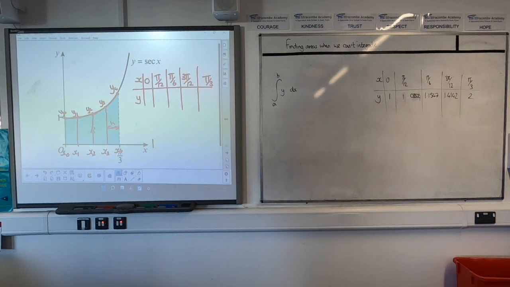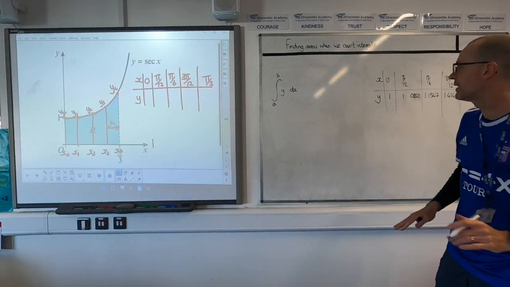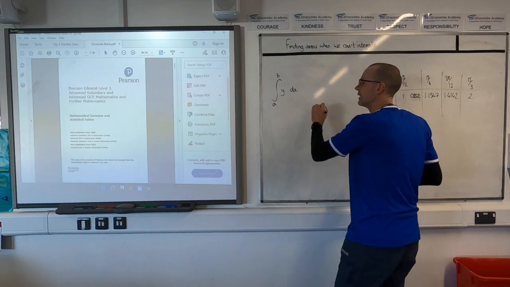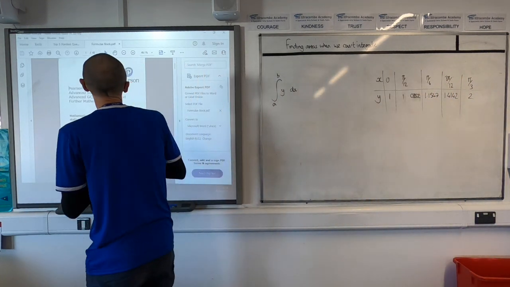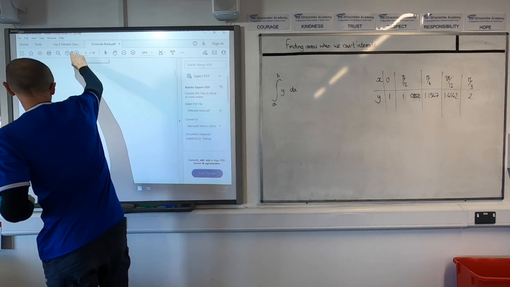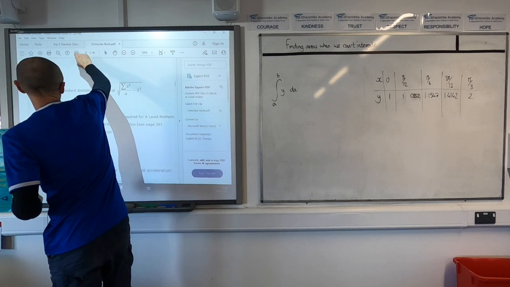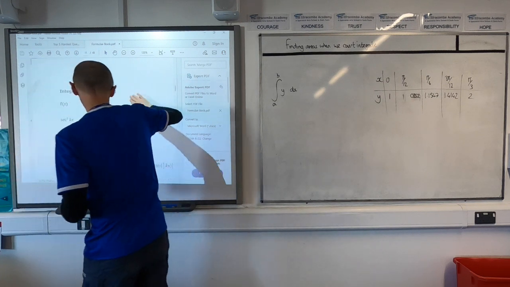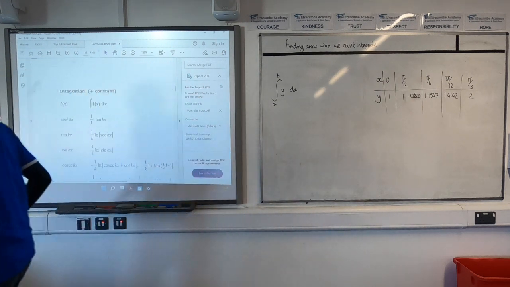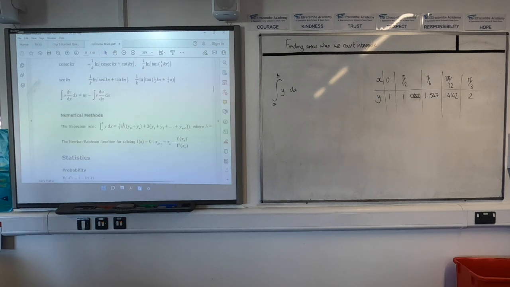So the trapezium rule, as it's written in the formula book, looks a bit scary. So here's how I like to think of it. Oh, there we go. So there we go.